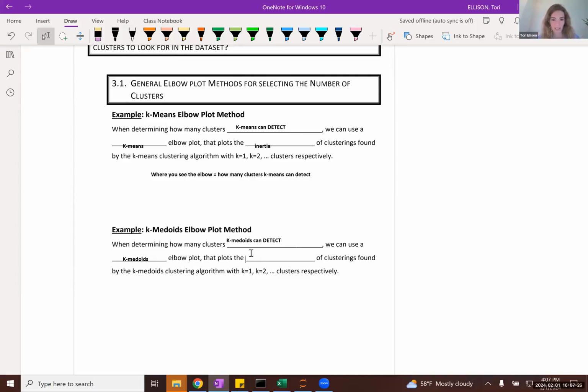That is the distance of all points to their assigned cluster medoid. And again, you see an elbow in the plot. Where you see the elbow is unfortunately only a suggestion as to how many clusters k-medoids can detect.